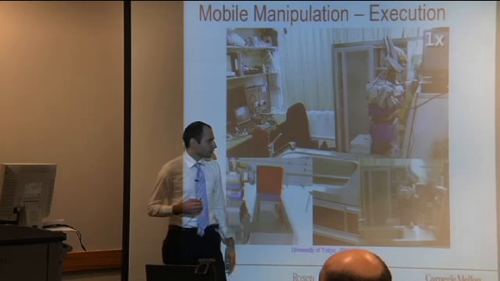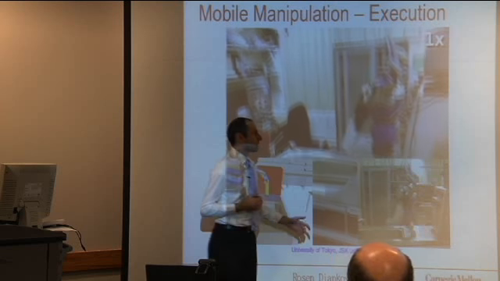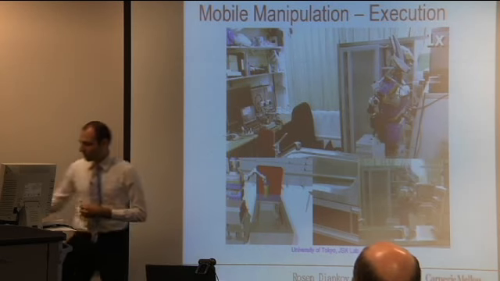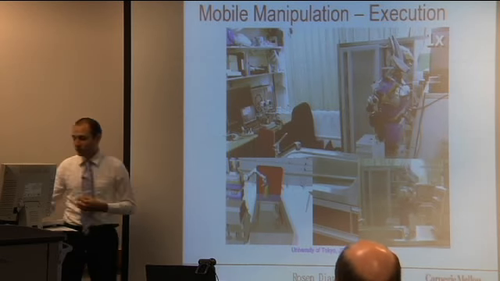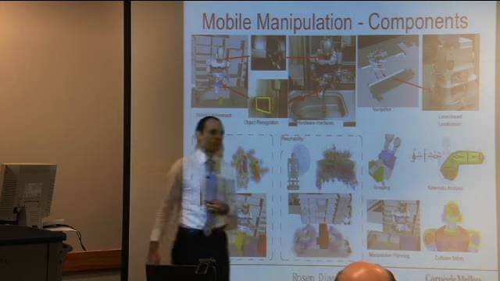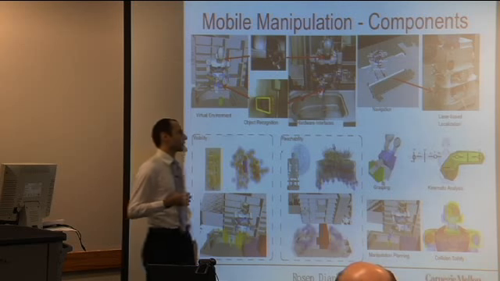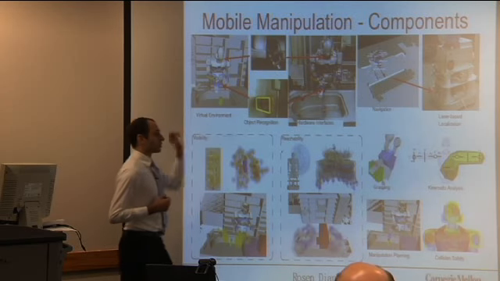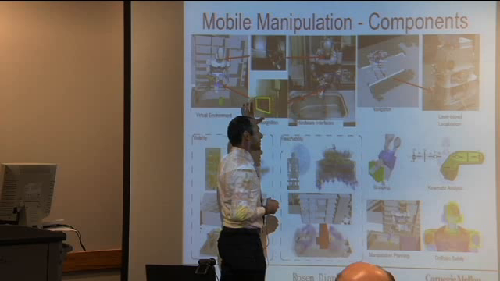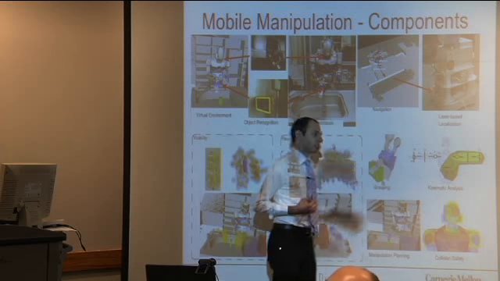And it has to know if there are new obstacles in the environment that can get in its way and that it has to avoid. So this is just a short list of some of the components required to get really robust behavior for this type of simple task. There's a recognition component for objects. There is navigation, which uses laser-based localization.